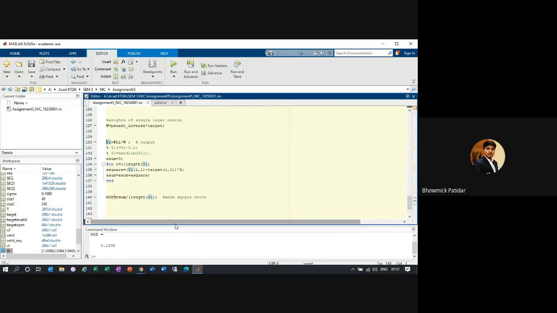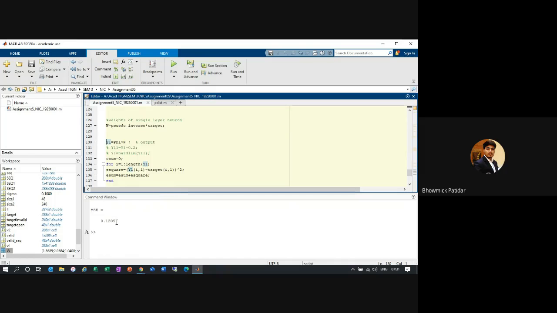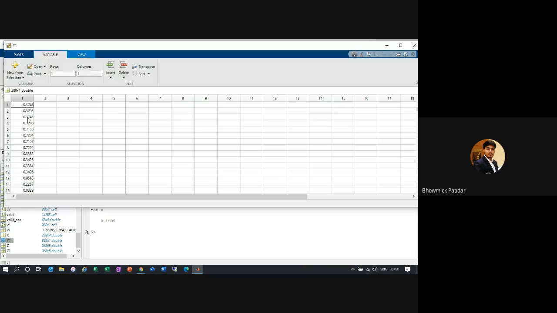We see that the mean square error for our problem is very low, but when we look at y1, this value does not match our desired output. The desired target or output is 1111 up till 48 for the 48 valid sequences, and then it should go to 0.